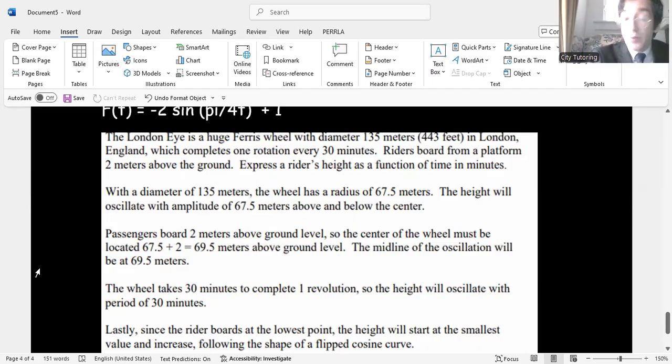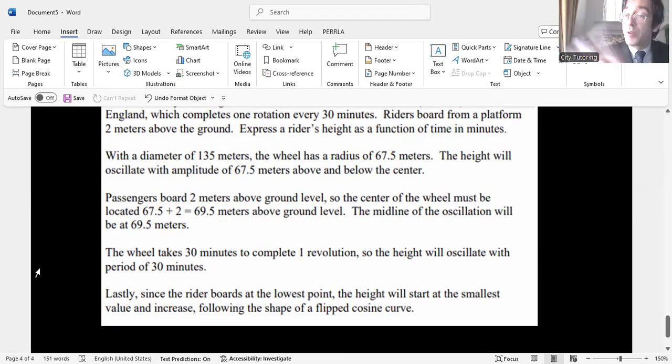And since the rider boards at the lowest point, the height is going to start at the smallest value and increase. It's going to follow the shape of a flipped cosine curve. So if we put all this information together, we have an amplitude of 67.5, right?